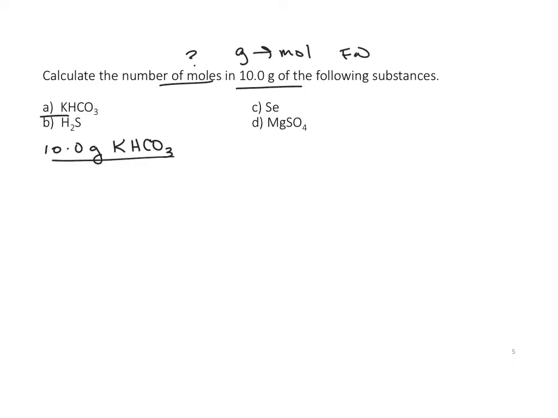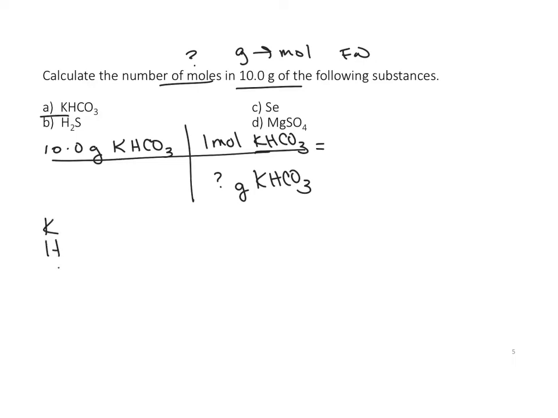So you're going to do dimensional analysis here for 1 mole of KHCO3. But we need to know what the grams are, and that's your formula weight, your formula mass. So let's add potassium, hydrogen, carbon, and 3 oxygens, just like we did previously, to get our conversion factor.